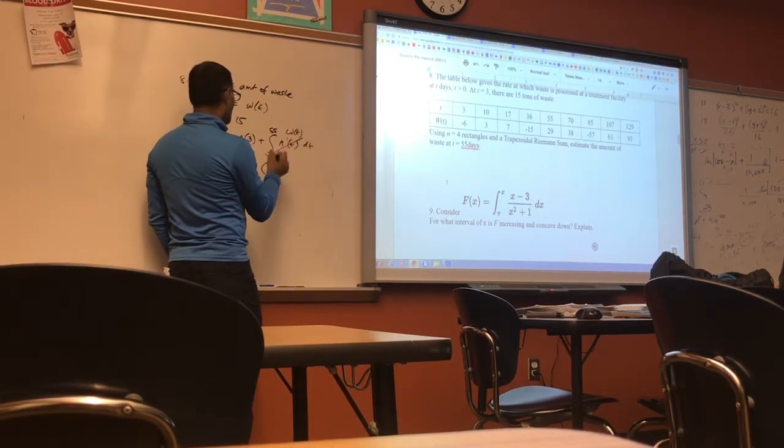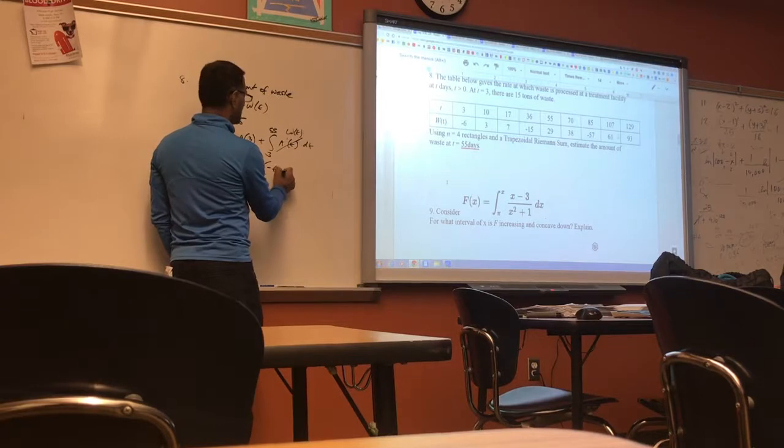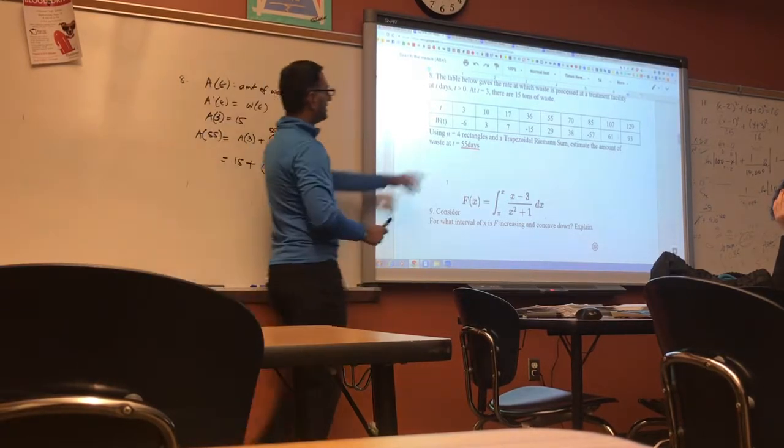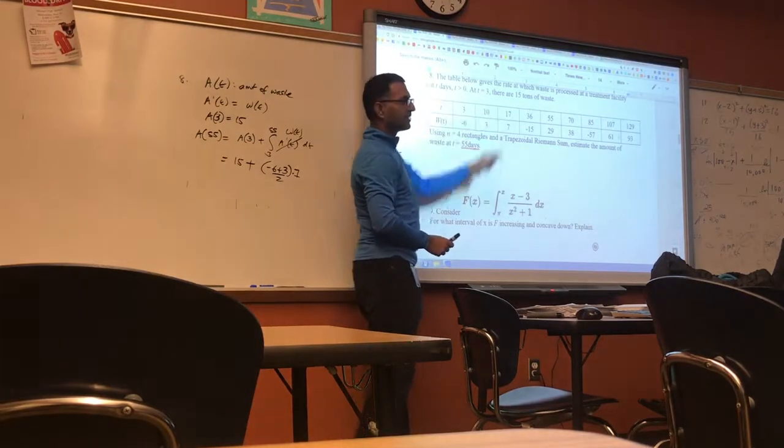Oh, now, okay, you're fine, but show the work. Negative 6 plus 3 divided by 2 times 7. Again, average of the parallel sides times the distance between parallel sides.